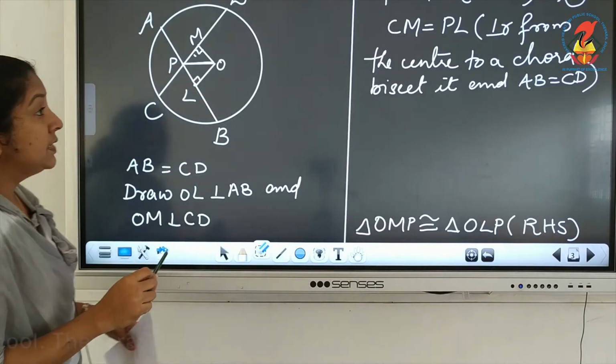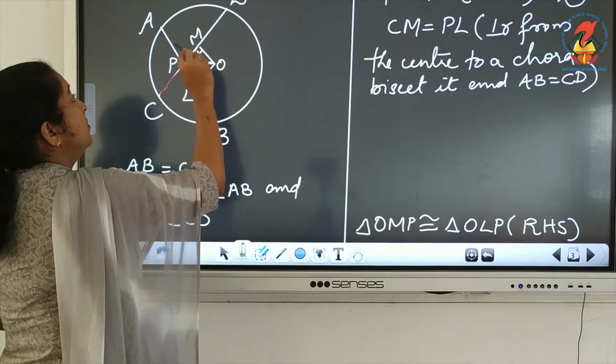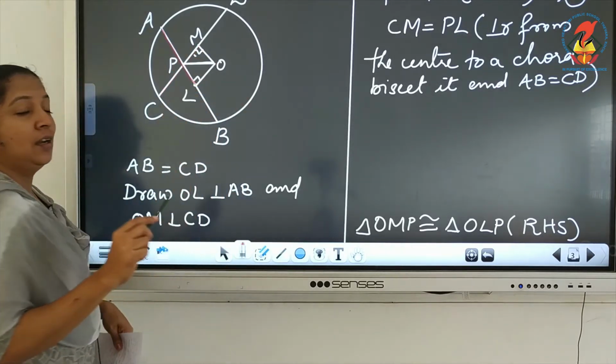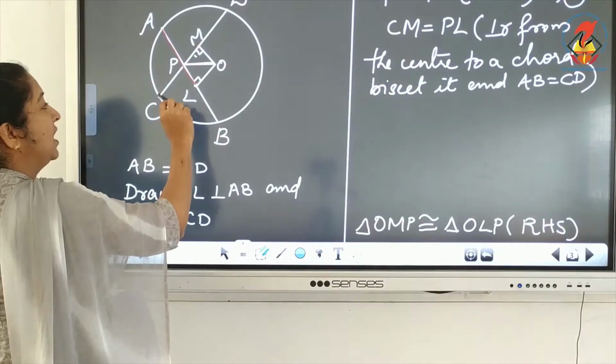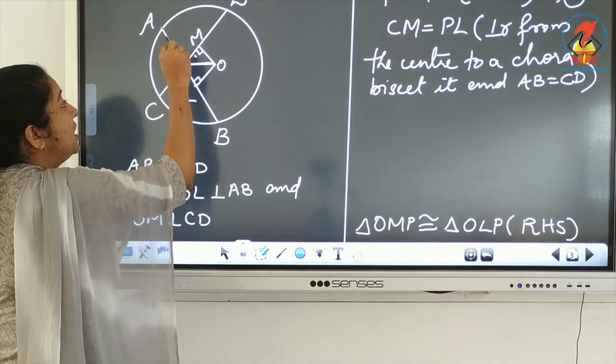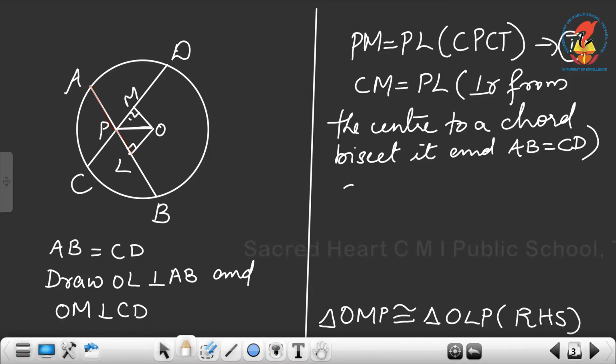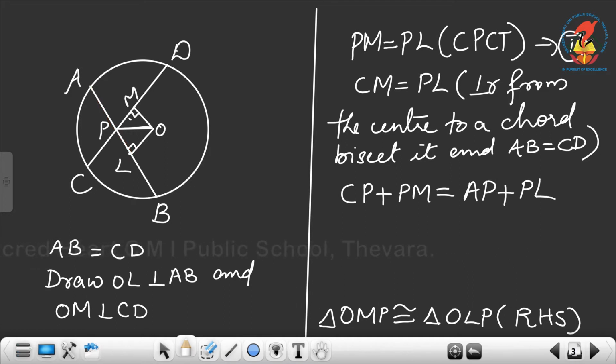So what we got is CM is equal to AL. Then we can write CM as CP plus PM and AL as AP plus PL. So CP plus PM is equal to AP plus PL.